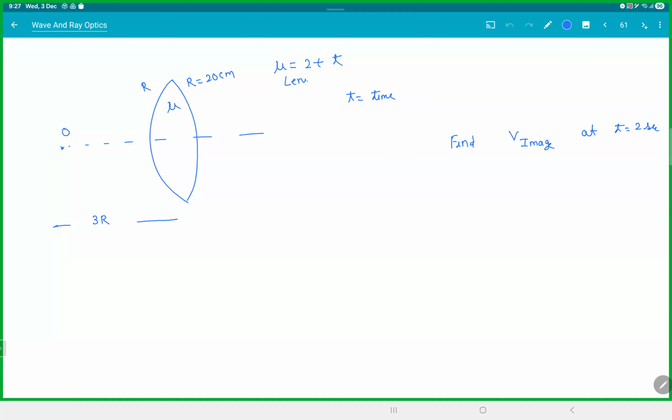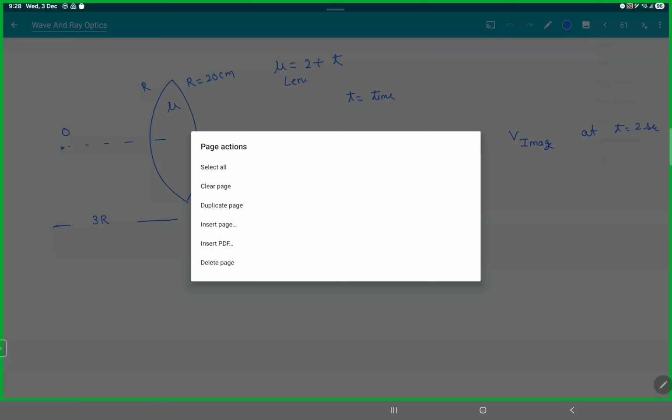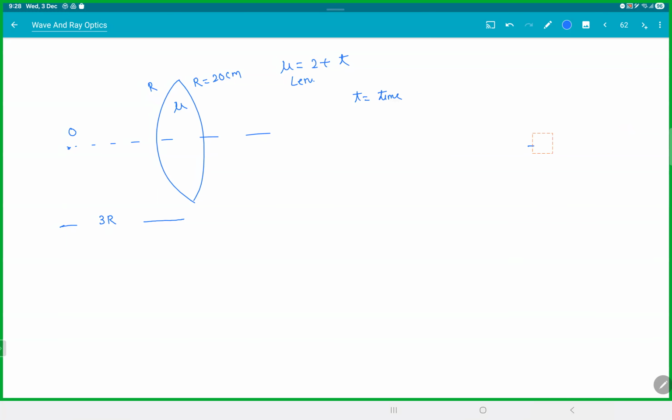So how do we handle this? Same story. Get the formula. First of all, what is the focal length? 1 by f is mu minus 1, that's 2 plus t minus 1, into 2 by r. That would be t plus 1, into 2 by r. So 1 by v minus 1 by u, where u is minus 3r, is equal to 1 by f, which is t plus 1, into 2 by r.